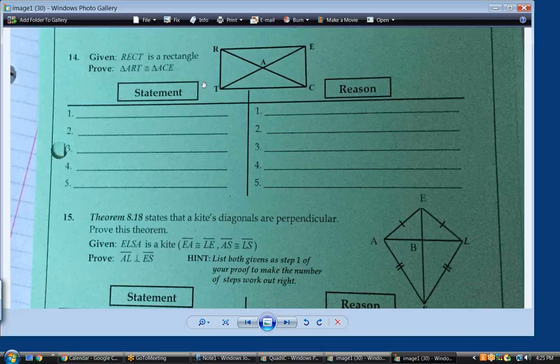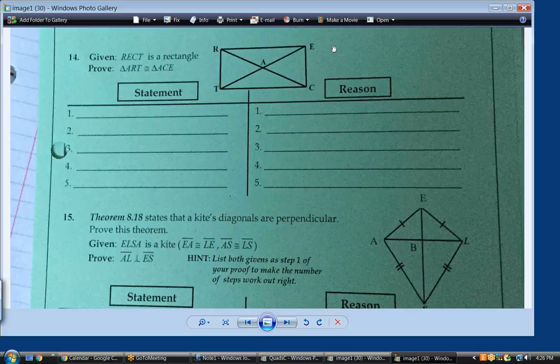In other words, here's what I'm saying. We're saying this line segment is the same as this line segment, and this line segment is the same as this line segment. Why is that true? Because the diagonals of a rectangle bisect one another.